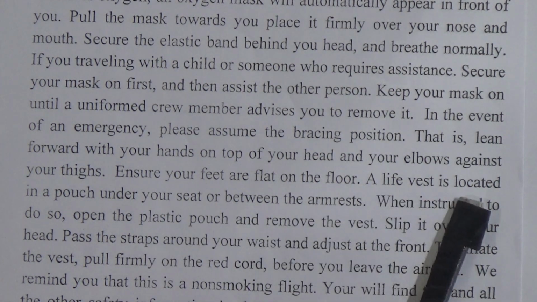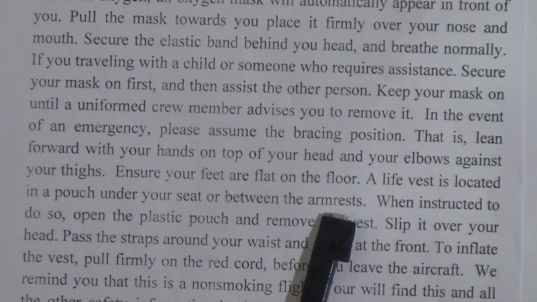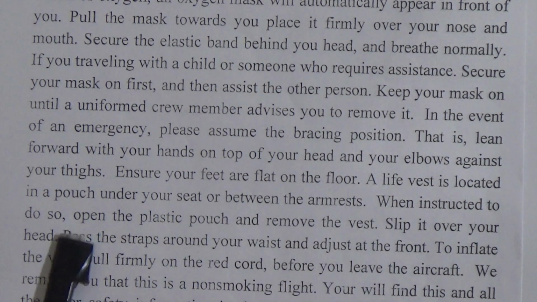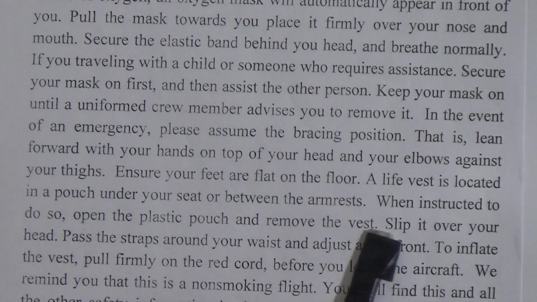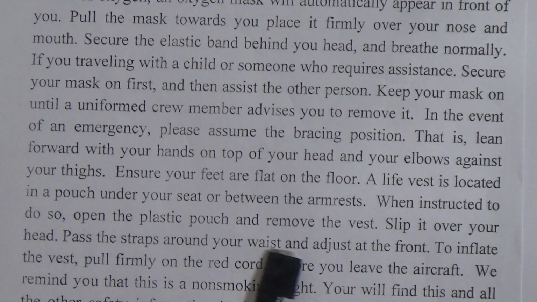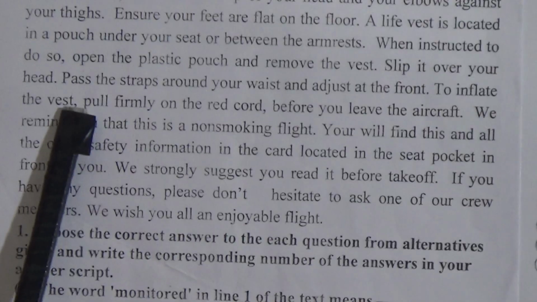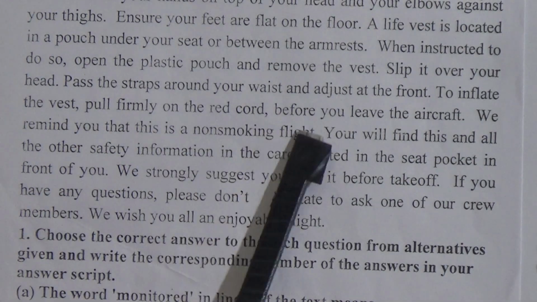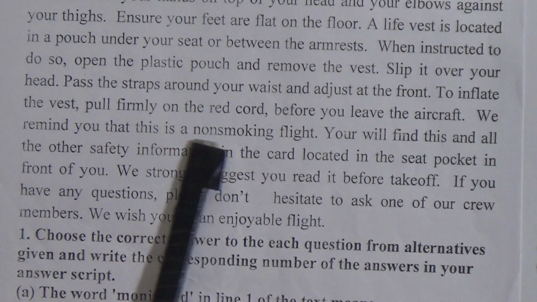A life vest is located in a pouch under your seat or between the armrests. When instructed to do so, open the plastic pouch and remove the vest. Slip it over your head, pass the straps around your waist and adjust at the front. To inflate or to increase the vest, pull firmly on the red cord before you leave the aircraft. We remind you that this is a non-smoking flight.